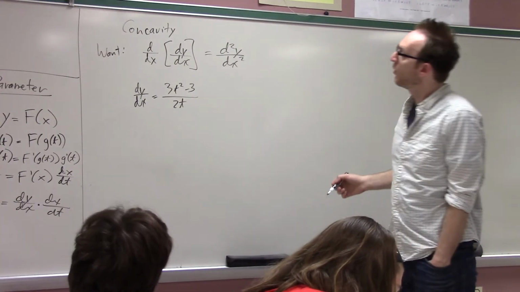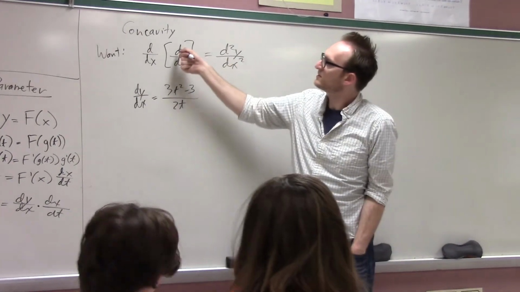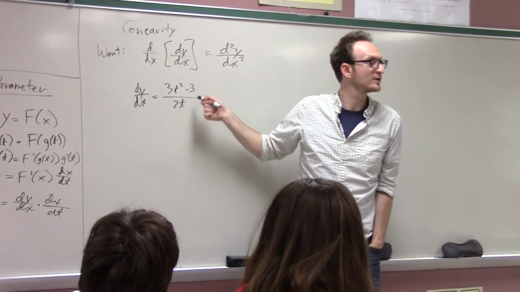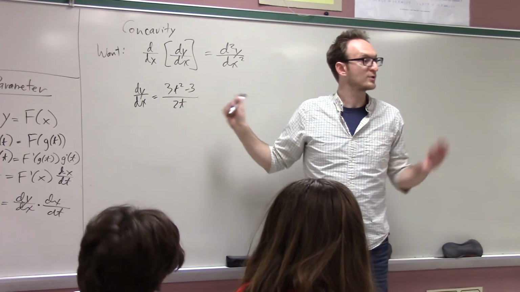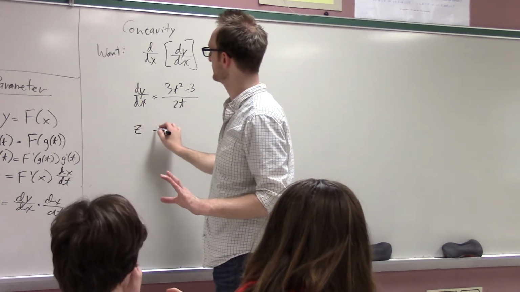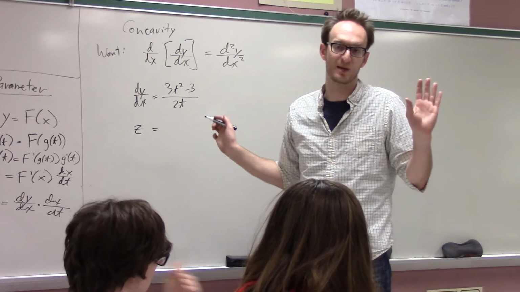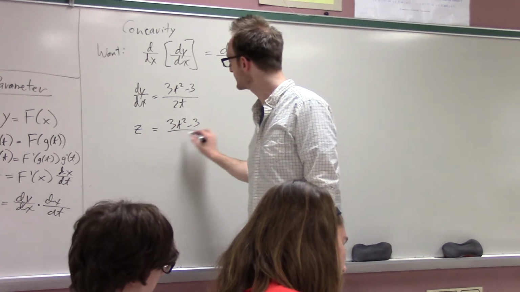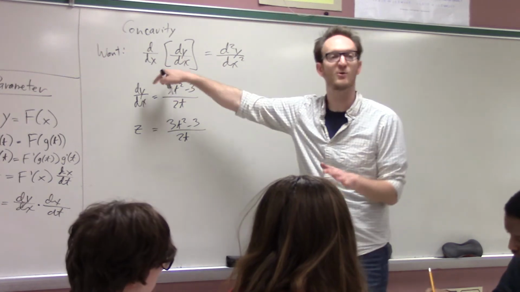So this dy dx is in fact just another function of t. Temporarily, to avoid confusion, let's give this a different name. Let's call it z. So let z be 3t squared minus 3 over 2t. That's just my temporary nickname for whatever dy dx turned out to be.